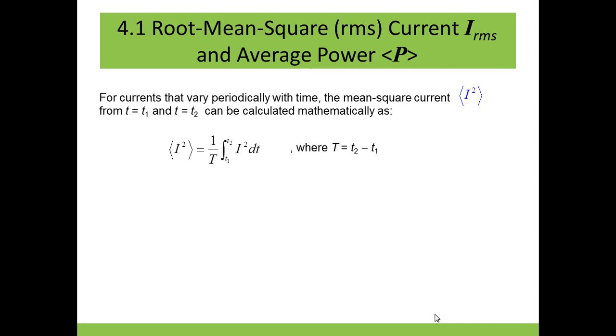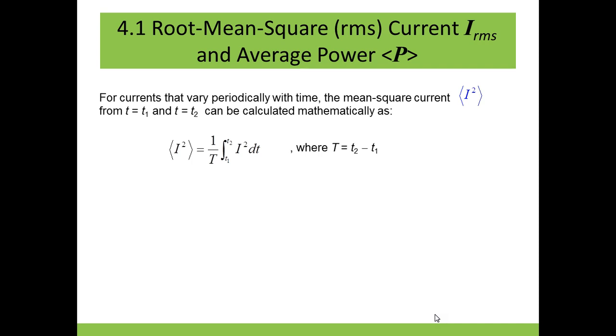When we want to compare an AC to a DC, it would be very difficult to compare a value with ampere square as the units to another value with ampere as the units. Hence, there is a need to compare apple to apple. Hence, there's a need to introduce a term, the root mean square current.